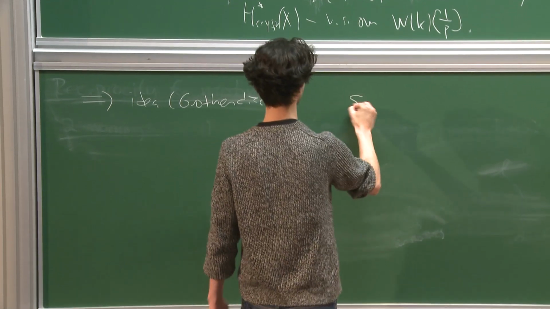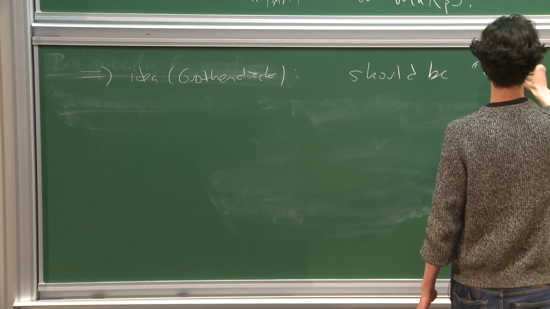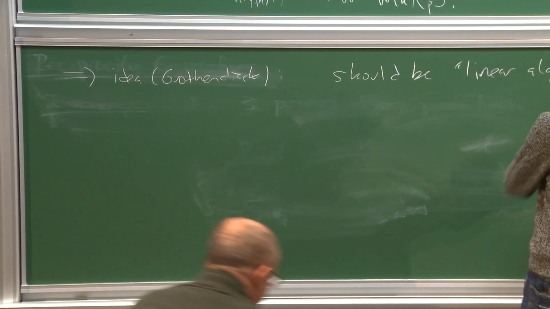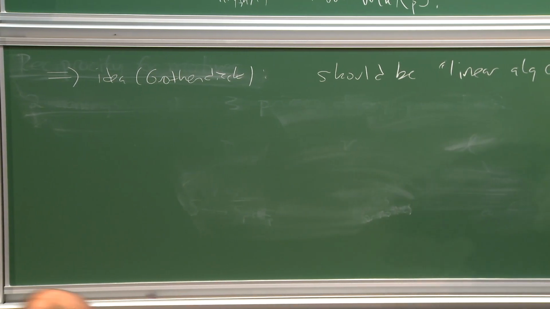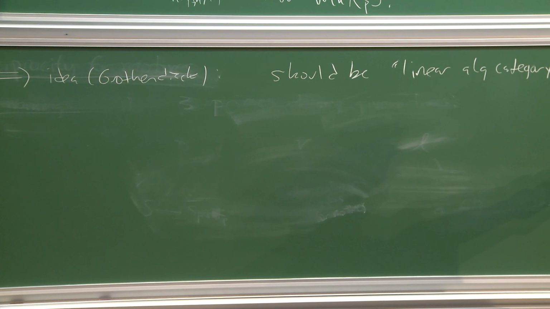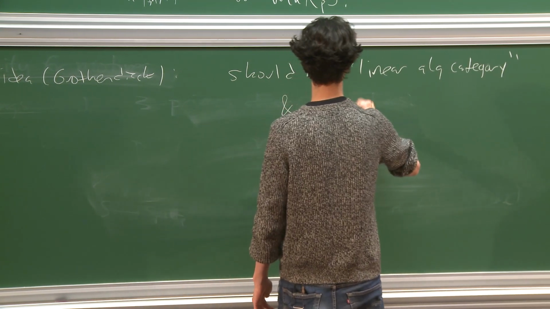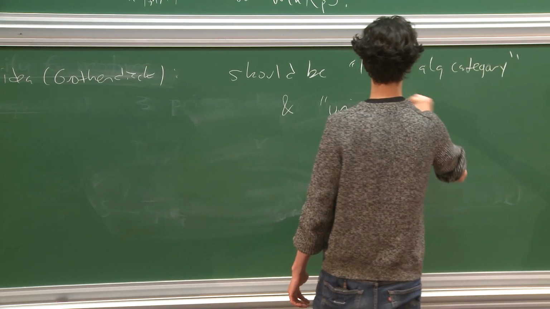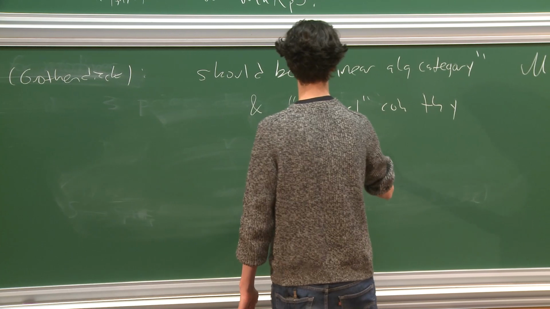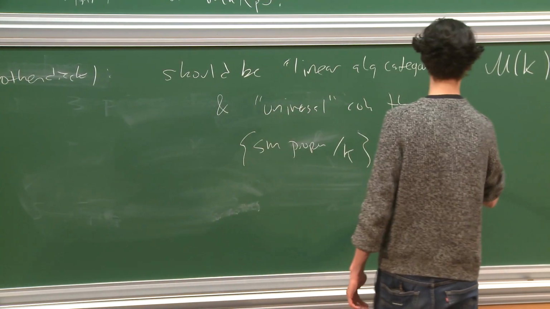There should be a category, some kind of complicated linear algebra category. Not vector spaces over a field, but something much more structured. Let's say motives over K, and a universal cohomology theory. So you take smooth, proper varieties over K, with values in motives.